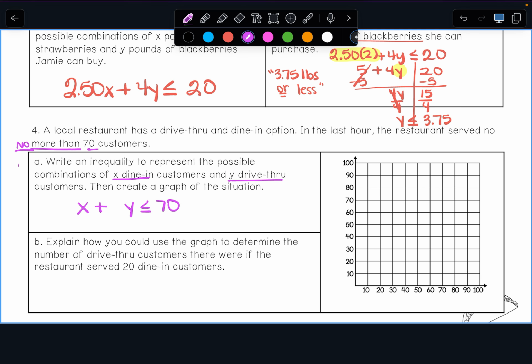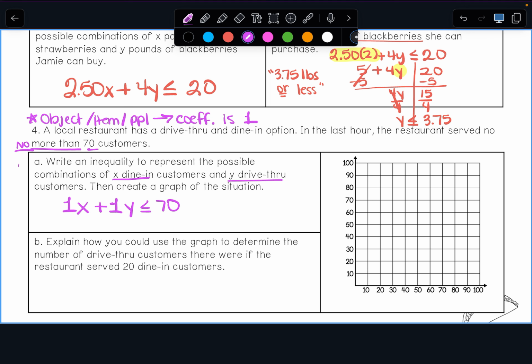So I actually want to write this over here. Object, item, or people: coefficient is 1. So 1x plus 1y.